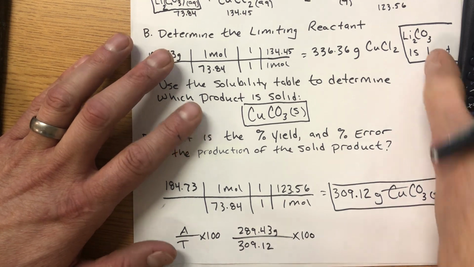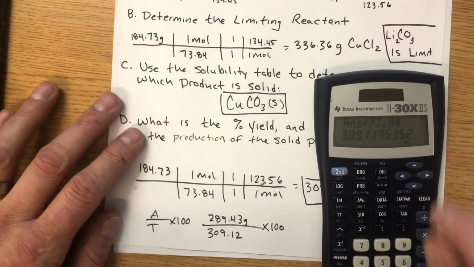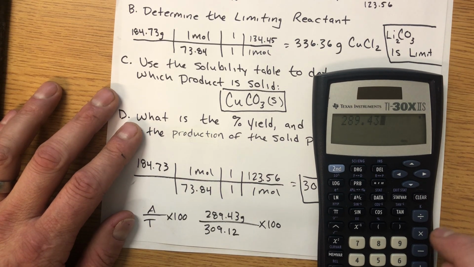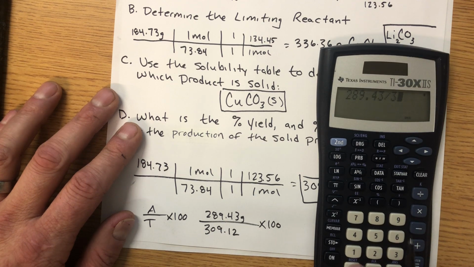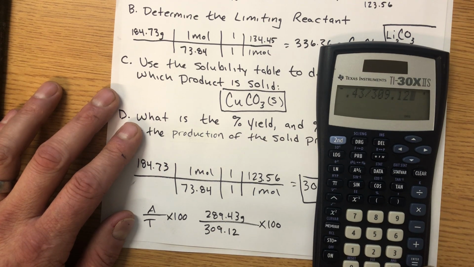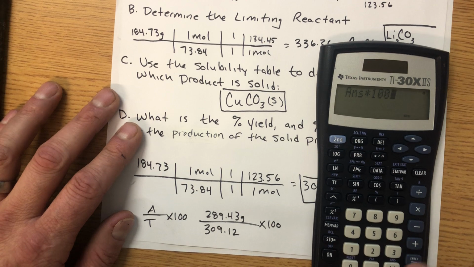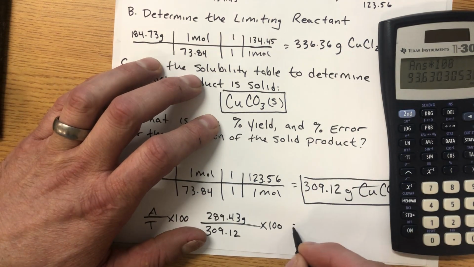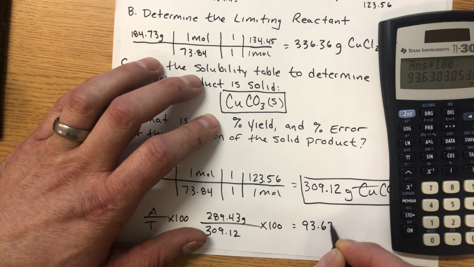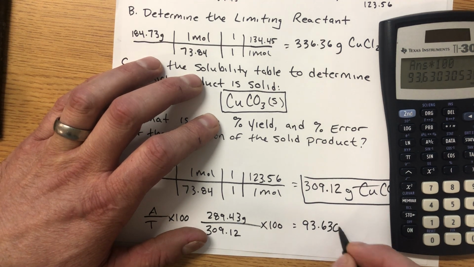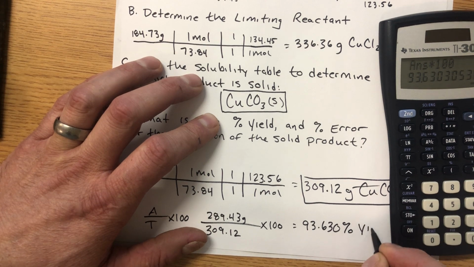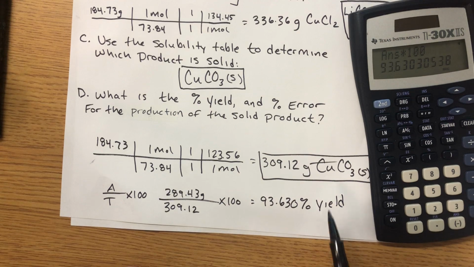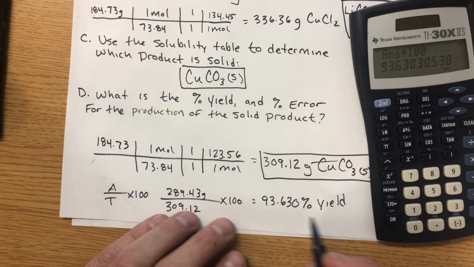Multiply that fraction by 100. 289.43 divided by 309.12 times 100. Okay, that's a 93.630% yield. So we produced pretty close to all of what we should have produced. We produced 93% of what we should have produced.